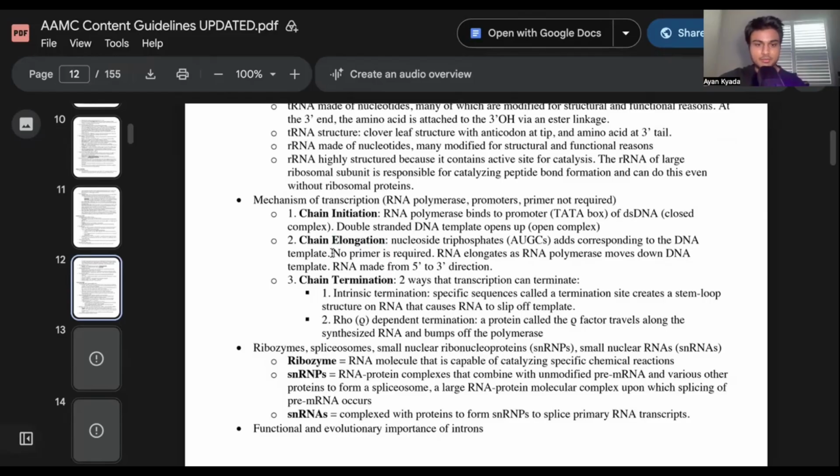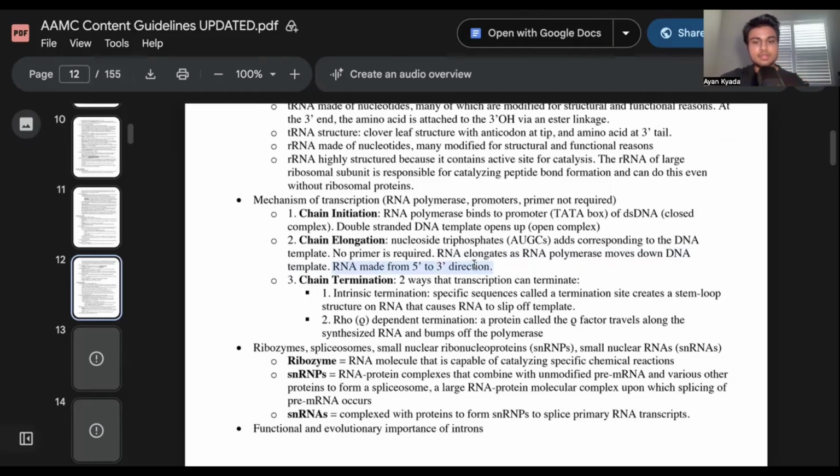Well, for RNA polymerase, no primer is required. RNA polymerase can synthesize RNA de novo. So it's going to go down the DNA template and elongate the RNA in the 5' to 3' direction. So for both RNA and DNA synthesis, it's going to be made in the 5' to 3' direction.